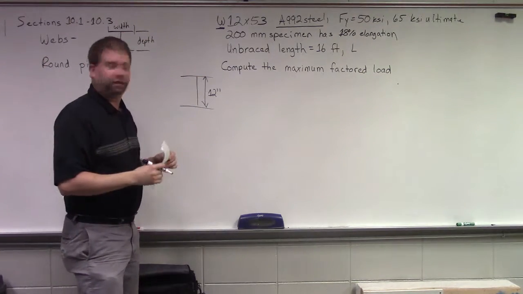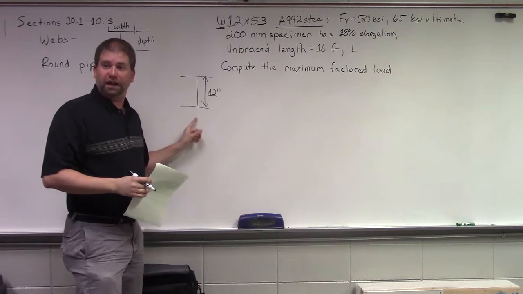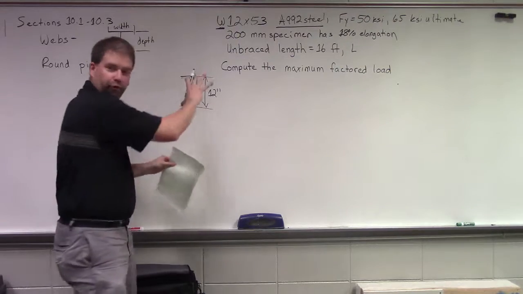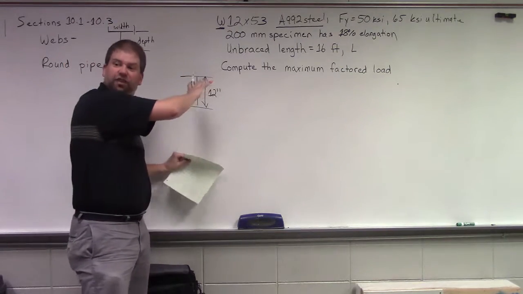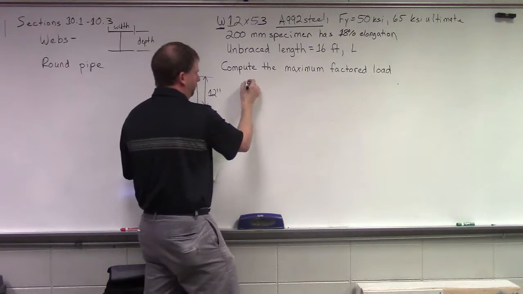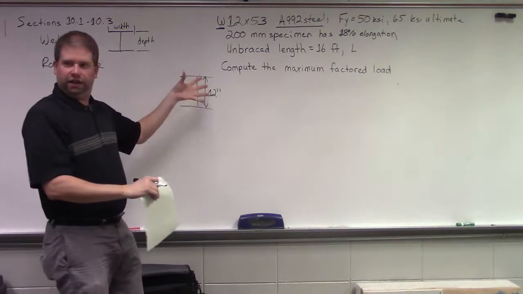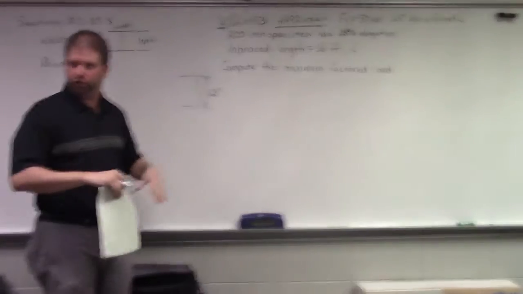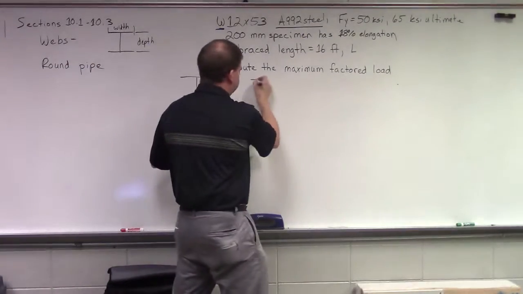Our unbraced length is, remember that we're making a column out of this thing, right? It's not going to do well as a column if we're placing it this way. It's going to be acting as a beam. So now we're going to rotate this thing. It's going to depend on the structural geometry. Height, unbraced length.